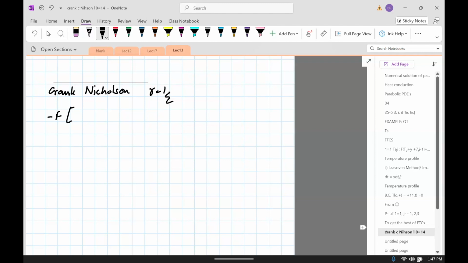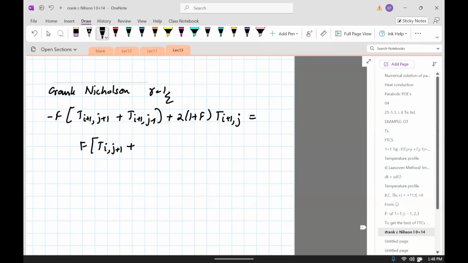Minus f T i plus 1, j minus 1, plus 2 times 1 plus f T i, j equals f T i plus 1, j plus 1 plus T i, j minus 1 plus 2 times 1 minus f T i, j, where f is alpha delta t.